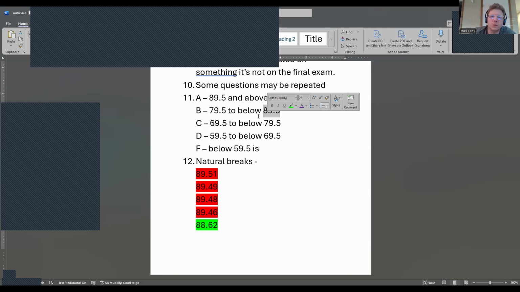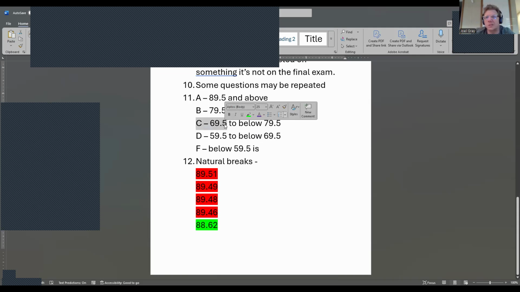To be completely honest with you, the A B range doesn't change very much usually. It's usually about an 89.5. The BC range changes a little bit more. What I see the most variation in is the CD range. So this might drop down to like 68 or 67 and a half.